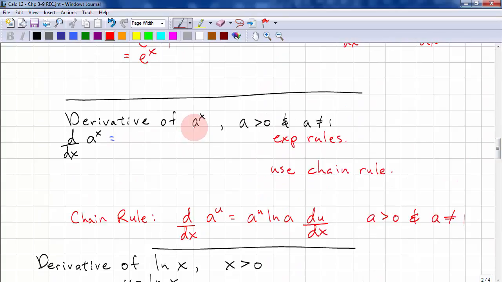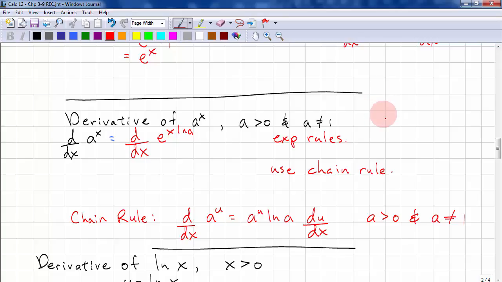So that's the derivative of an exponential function using the chain rule. Now we need to find the derivative of a to the x. Not everything's always going to be e to the x. So how do we do this? Well, there's an exponential rule that says this is equivalent to e to the x ln a.